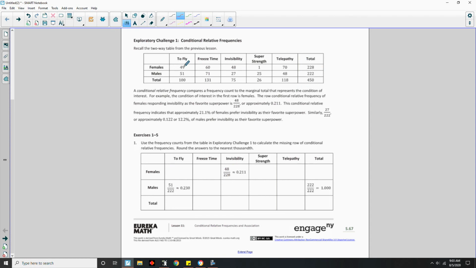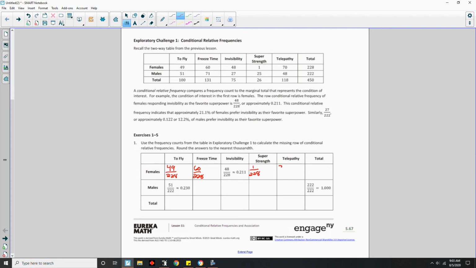Okay, so females to fly, 49. So this will be 49 divided by, and the total females is 228. And then freeze time is 60 out of 228. Super strength is 1 out of 228.